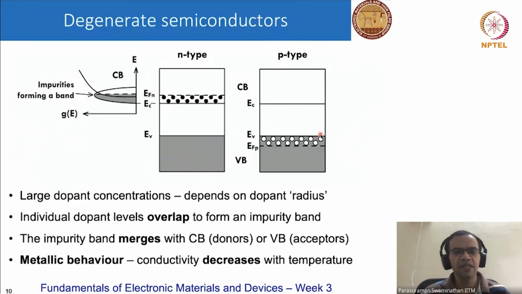These are called degenerate semiconductors. In the case of degenerate semiconductors, the behavior is metallic. So rather than electrons getting excited from the valence band, the conductivity is dominated by the excess doping of the semiconductor. So in degenerate semiconductors, the conductivity decreases with temperature.